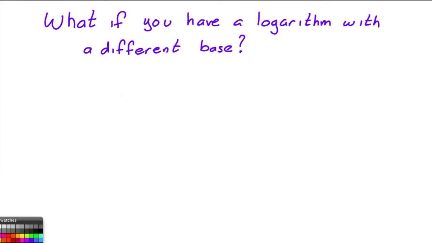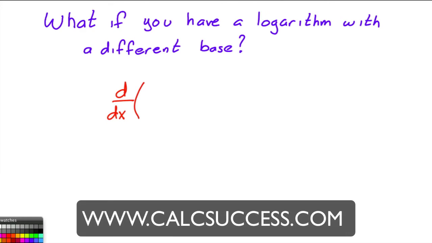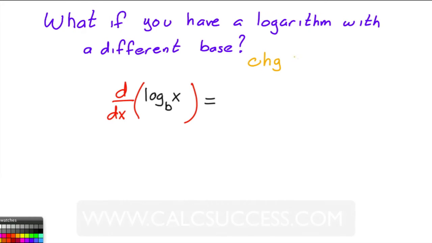Okay, so now the question is, what if we have a logarithm with a different base and I still want to find the derivative? Well, simple. Let's say we've got the derivative of log with a base of b of x. The trick is to use the change of base formula.